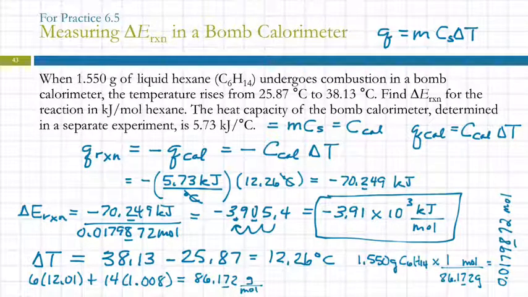Any questions? Yes? In the beginning of the integrated Q reaction, Q cal, and then that is also equal to negative C cal delta T. Isn't the Q of the reaction like 12.264, am I getting that? You might be thinking ahead to constant pressure calorimetry.